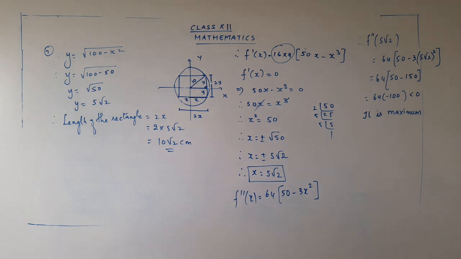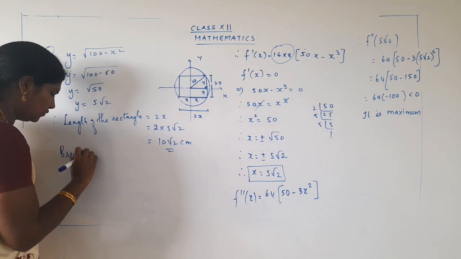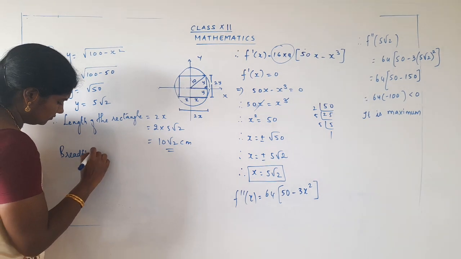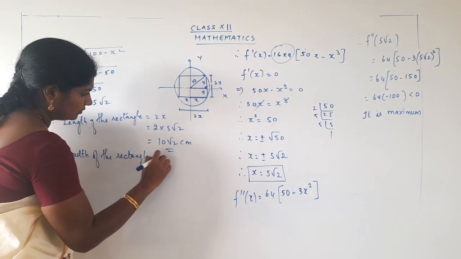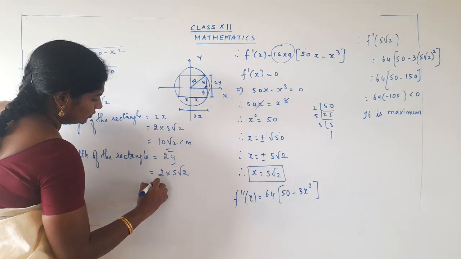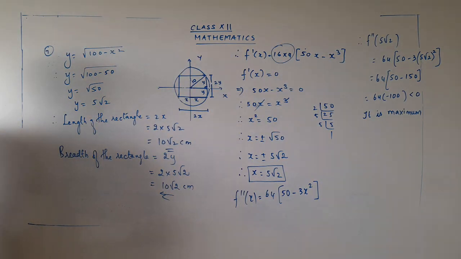Okay, let's find the breadth of the rectangle right down here. Therefore, breadth of the rectangle is equal to 2y, which is equal to 2 into 5 root 2, 10 root 2 centimeters. So we have found the length and the breadth of the rectangle.